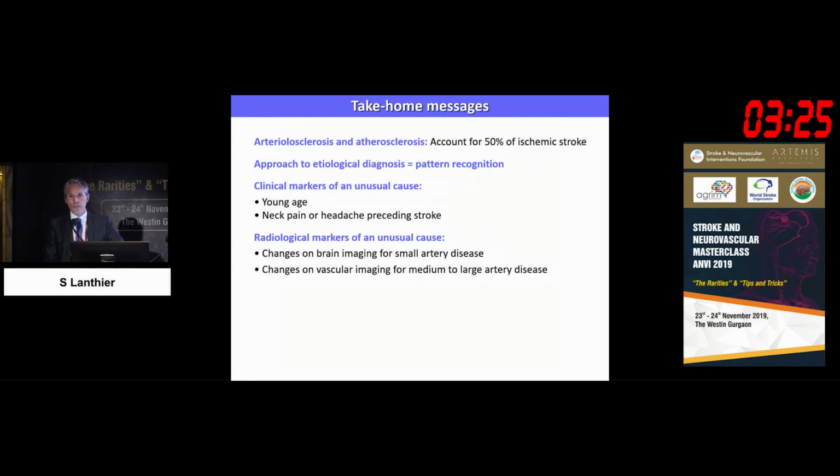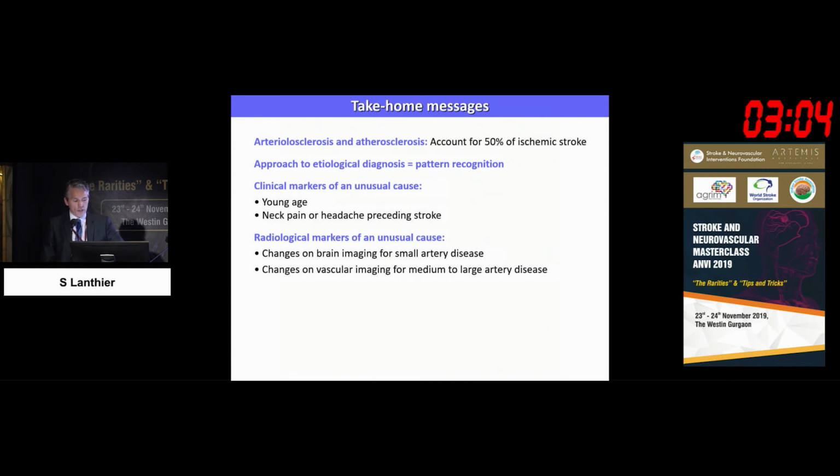Clinical markers of an unusual cause are many, but the 2 main markers are young age and neck pain or headache preceding stroke. You can have a headache after a stroke because of the inflammation or volume effect of stroke, but neck pain or headache before stroke is a red flag for an unusual cause.